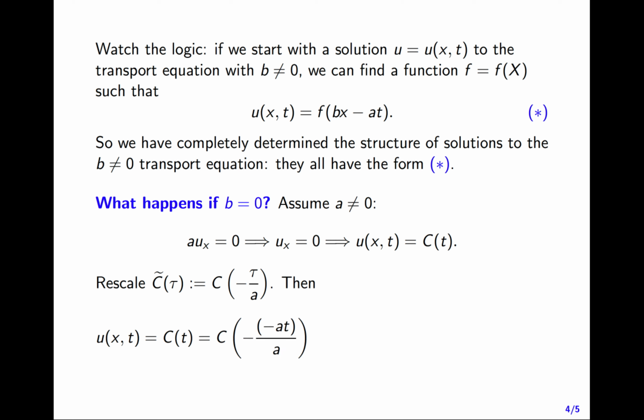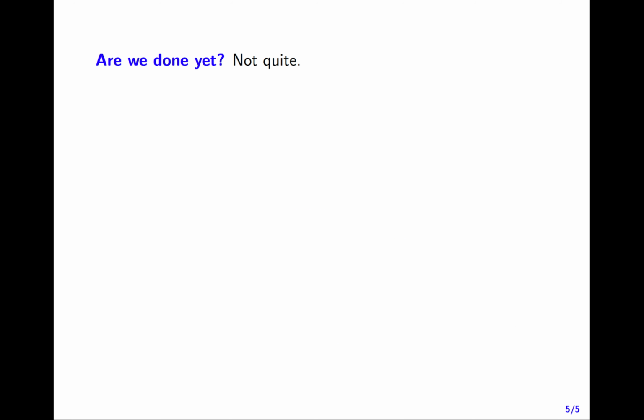And if we do a little algebraic sleight of hand, C(t) is equal to C(minus at over a). The two a's cancel, the two minus signs knock each other out. So this is equal to C tilde of (minus at). And remember that b is 0, so this is C tilde of (0 times x minus at), which is equal to C tilde of (bx minus at).